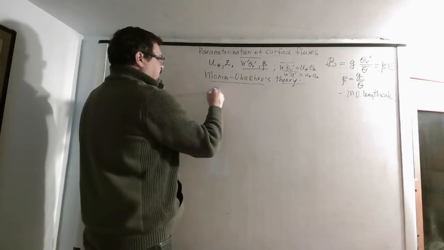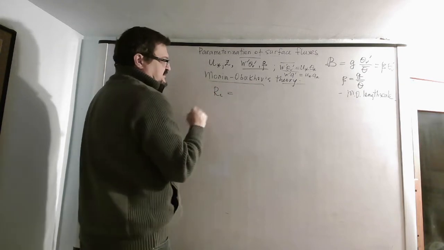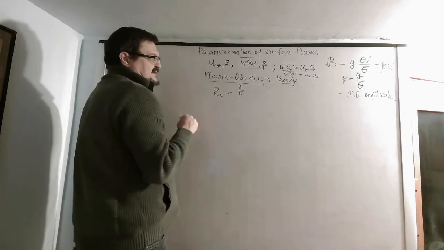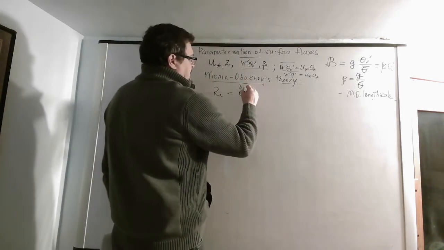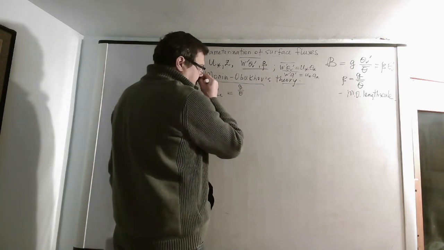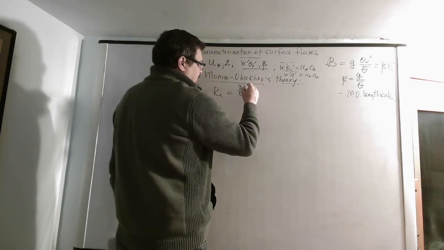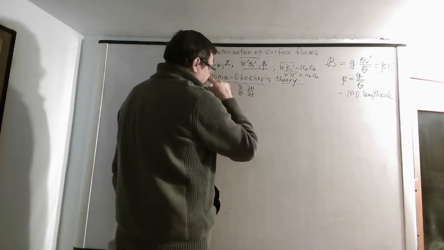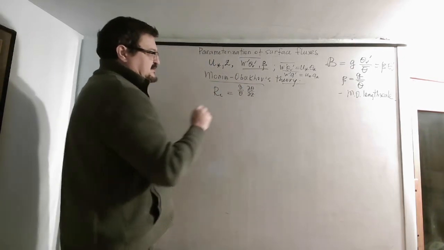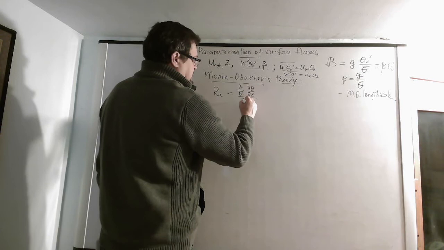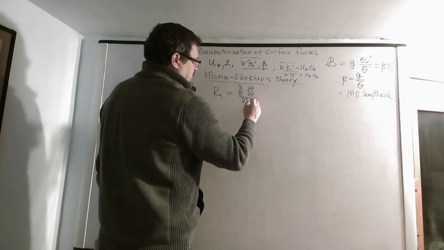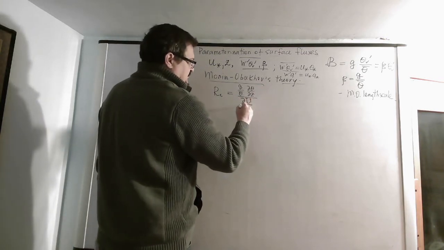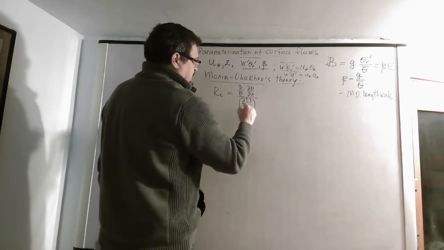So the Richardson number is a dimensionless number defined with g over theta, so it's our beta, times d theta dz. This is the Brunt-Väisälä frequency squared, divided by the total wind derivative over dz, squared.